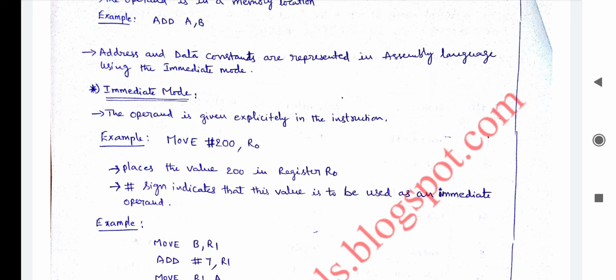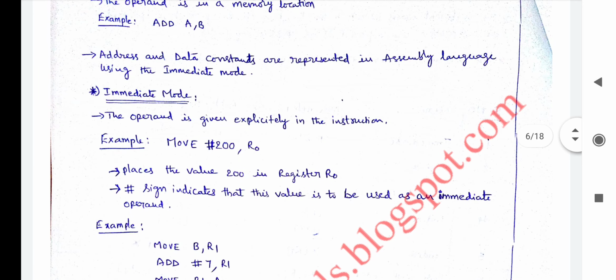The hash sign indicates that this value is to be used as an immediate operand. Whatever operand you move into the register R0 can be given explicitly. For the purpose of representing an immediate operand, we have to use the hash sign.